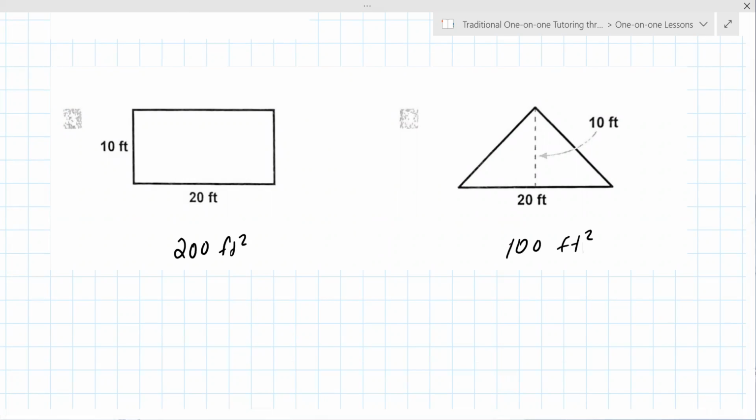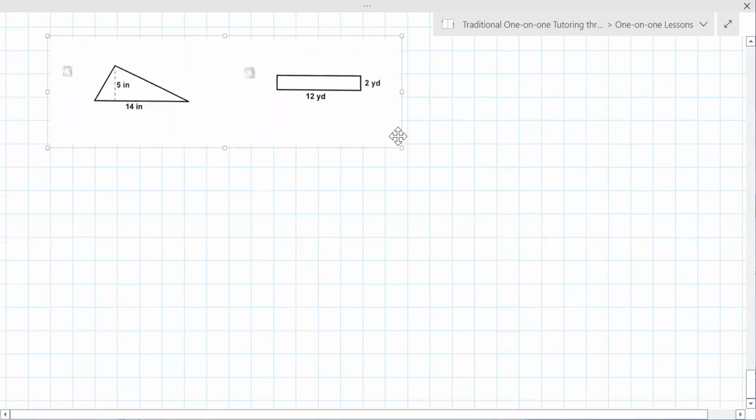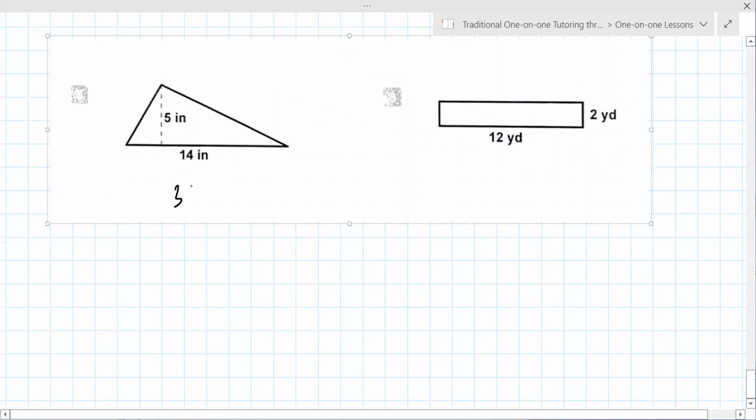Okay. Got a couple more here to do. Let's get going on the next one. 35 inches squared. Okay. Good. 24 yards squared. Okay.